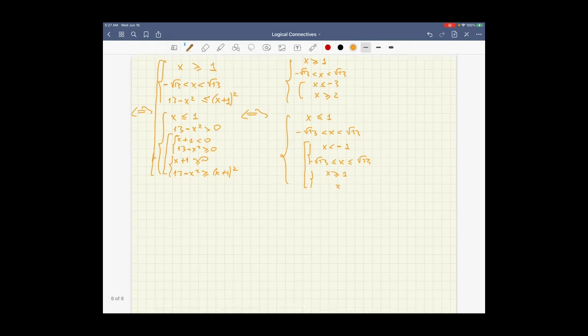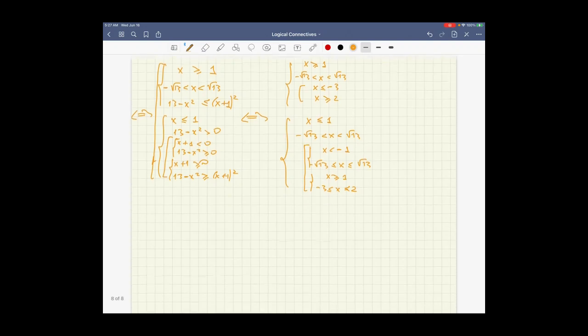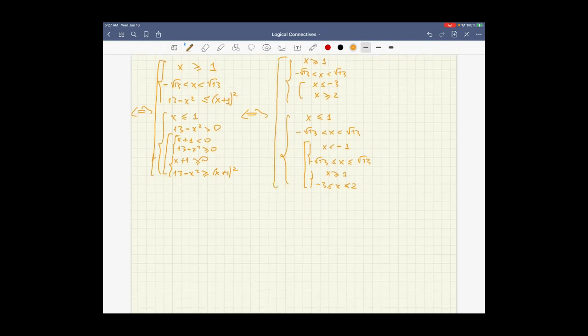And when you solve this inequality, x must be between the roots of the quadratic trinomial, between negative 3 and 2. All right, and that's either or.